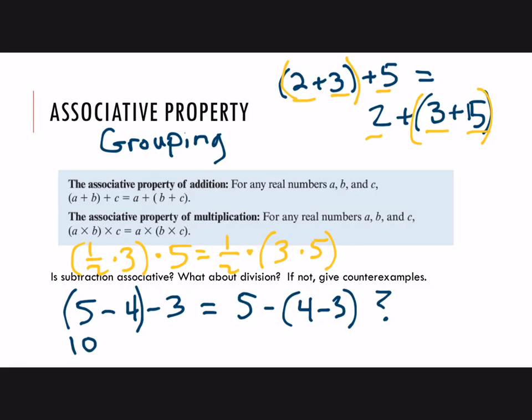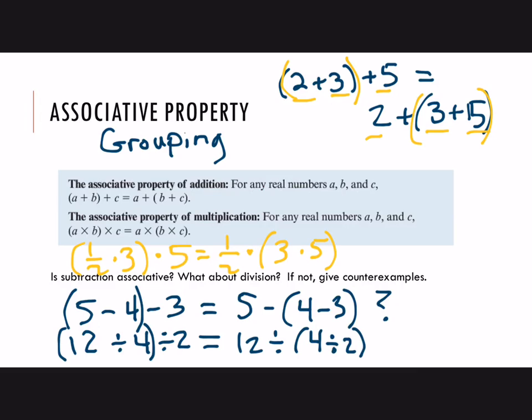So how about maybe 12 divided by 4 divided by 2. See if 12 divided by 4 first is different than if we did 4 divided by 2 first. And you may want to try a couple other examples just to see if this seems to be true all the time.